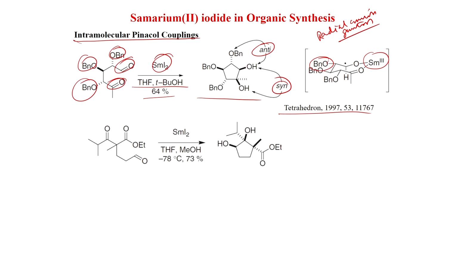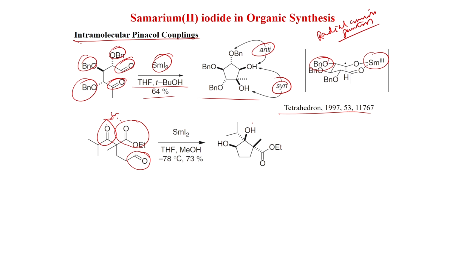Also, if you have an ester group, it is interesting that when this carbonyl wants to coordinate with this aldehyde via samarium, then this CO2Et does not coordinate, because this interaction, samarium to samarium, is less important here. Here the important one is this and this, because the radical anion will form and that wants to coordinate with the ketone.